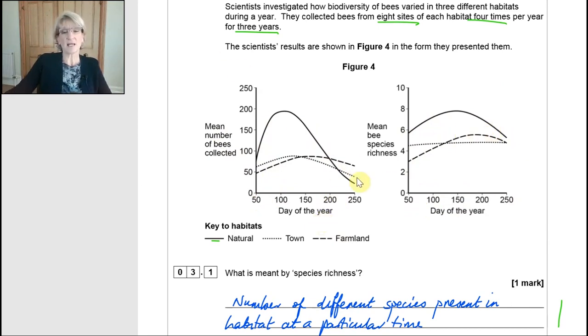But is there anything here that tells me it isn't the best environment? Well, only this bit here, so kind of between 200 and 250, but it doesn't drop below both of them. It drops below the farmland and then below the town. So I'm going to try and capture that.